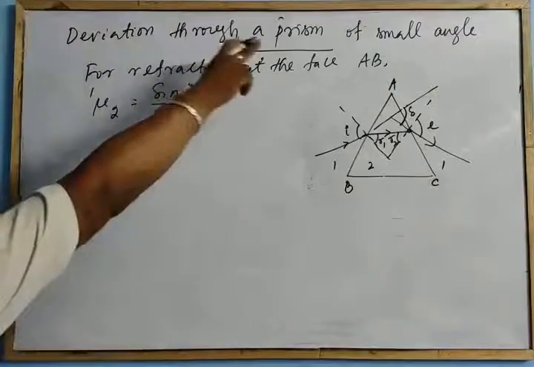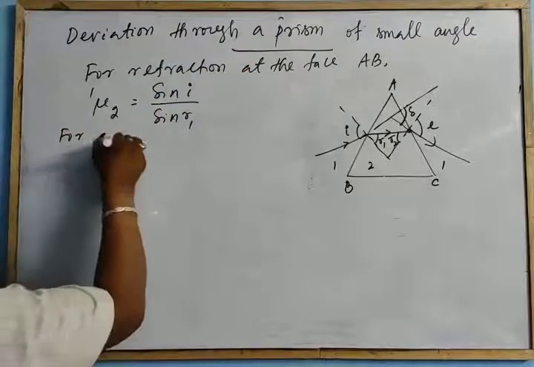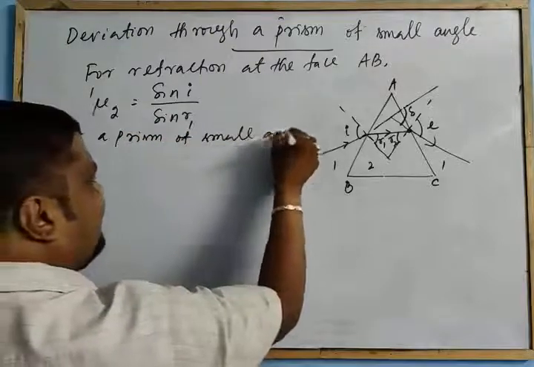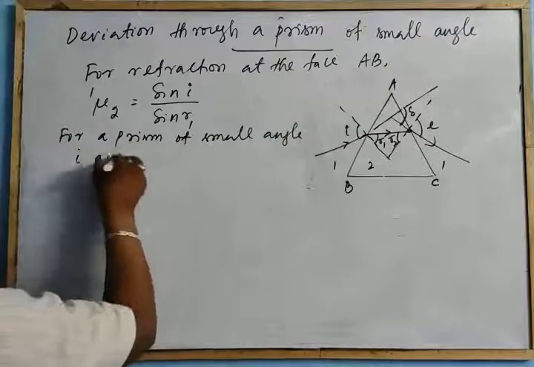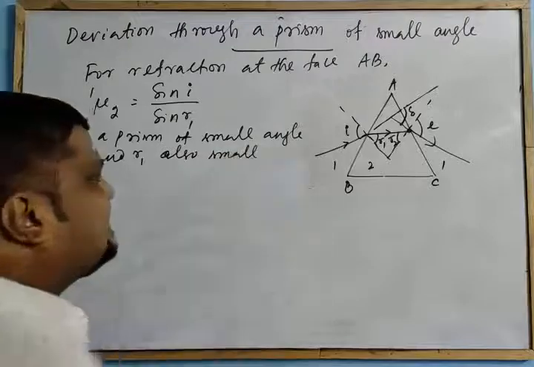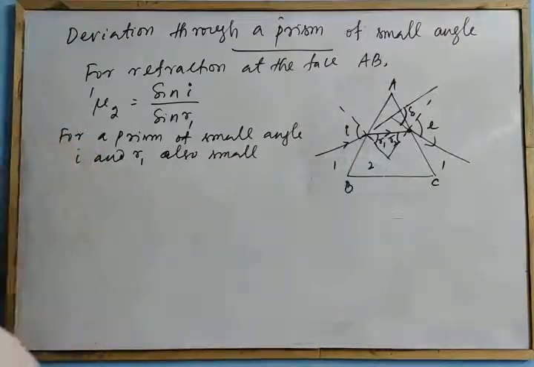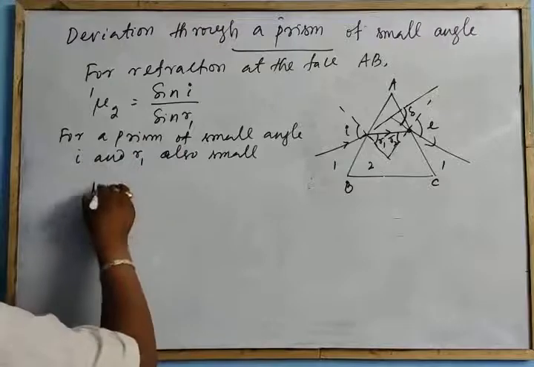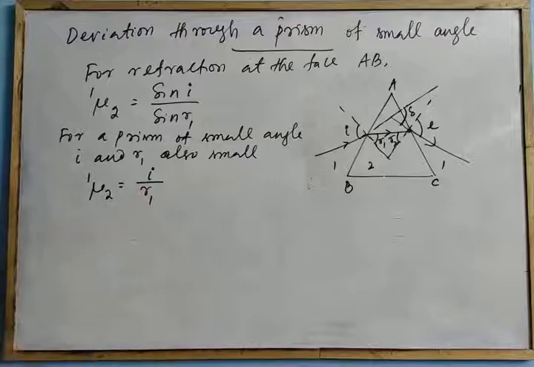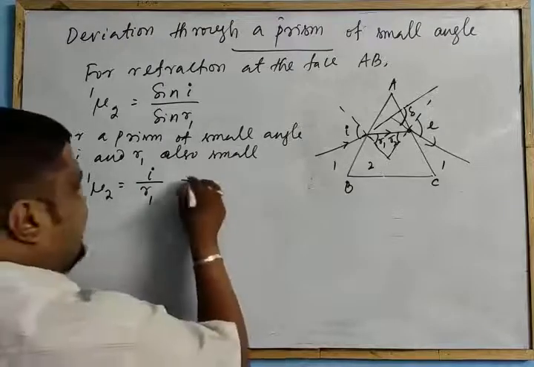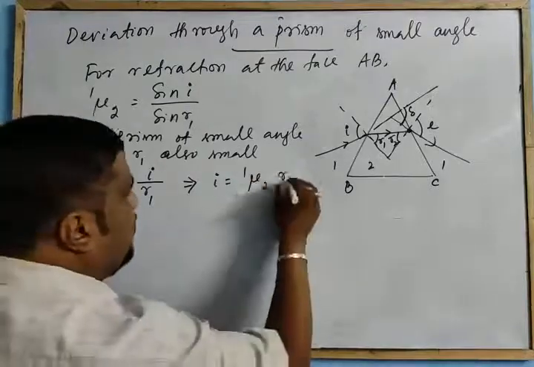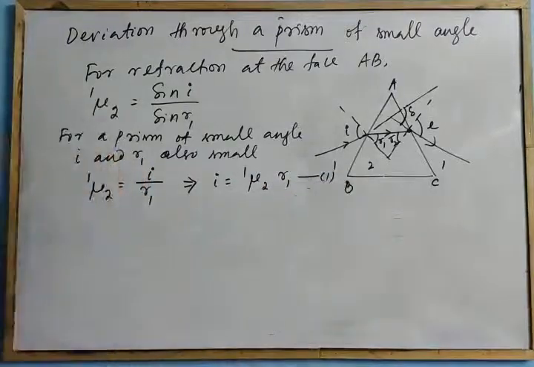For a prism of small angle, I and R1 also small. Angle of incidence and angle of refraction also small. So for small angle, I can write directly mu21 is equal to I by R1. Or this implies I is equal to mu21 into R1. Let this be equation 1.